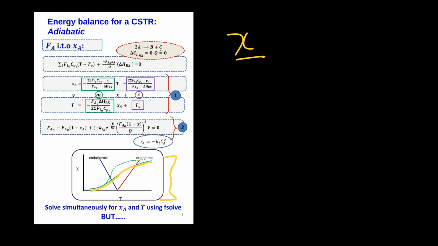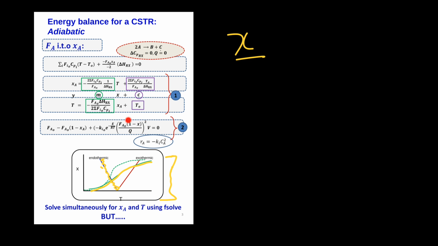So let's now just assume that it is an exothermic reaction, so we can neglect that line over there. And how this was constructed is you choose a range of X values, and I know my X must vary between 0 and 1. That's why it's a very convenient variable to choose.